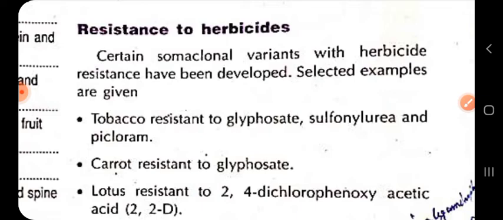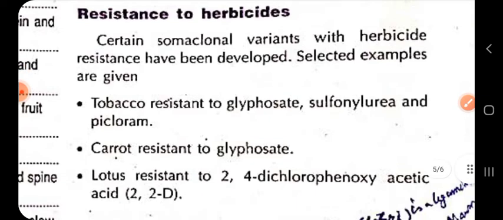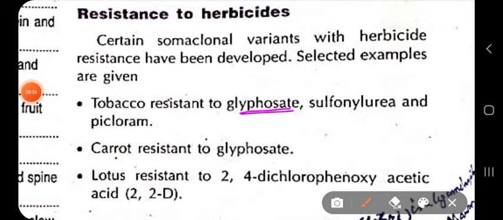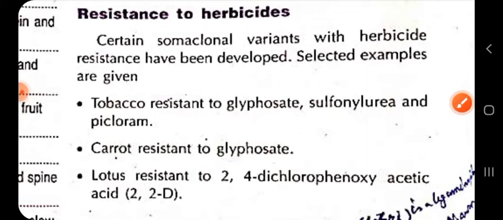Okay, like certain tobacco plants which are resistant to glyphosate, which is a commonly used herbicide in western countries. This glyphosate, sulfonyl urea, and picloram are certain herbicides which are normally employed in the field to kill away the weeds.